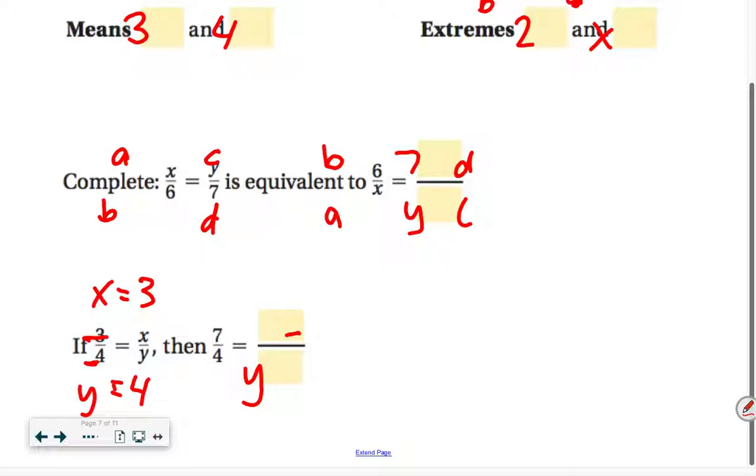You can add them. So instead of writing 3 plus 4, how about I use variables? What should I write for 3? What should I write for 4? So we have the fraction X plus Y over Y.